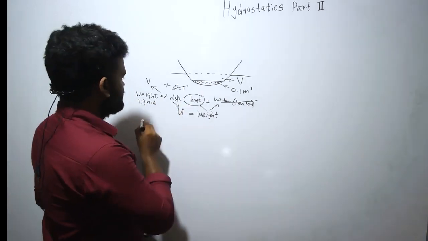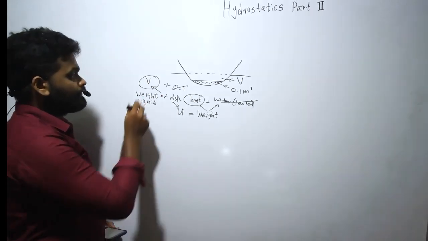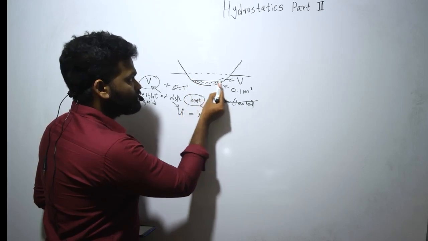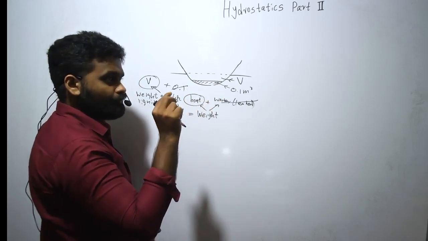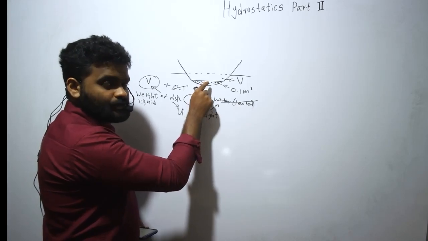The weight of the boat is equal to the other part related to the displaced liquid. So this displaced liquid is related to what? The weight of the boat only, without this leakage water.